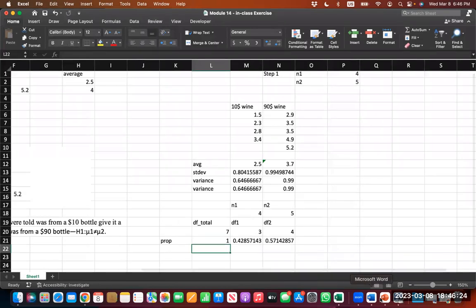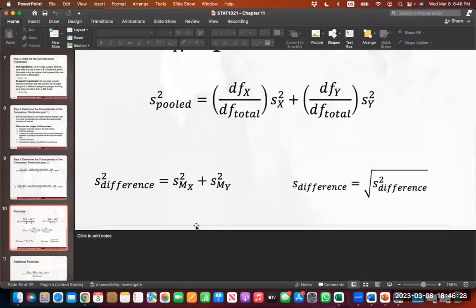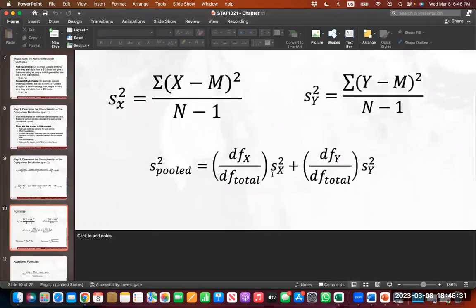So now why am I doing this? Because of what is being done with this pooled variance. So you get the variance calculated as the individual deviation squared divided by the n minus 1. That gives you the variance. You then move on to take this variance and you multiply it with that proportion until it adds up to 1.